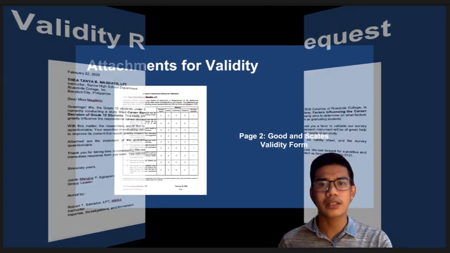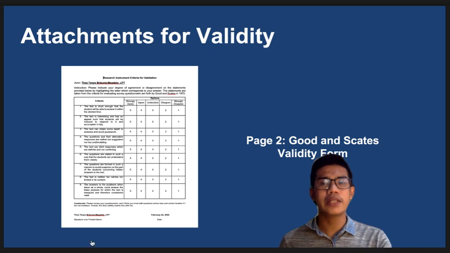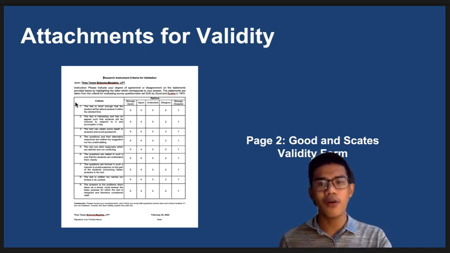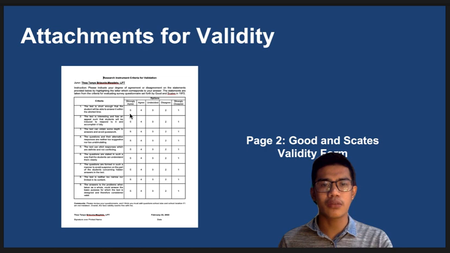All right, next. This is the second page for validity, the Good and Scates validity form. But sorry for some, this is also page 3 or page 2 of your validity request. But you have to proceed once I've said that you are to proceed with the validity process. This is page 2, the Good and Scates validity form containing the criteria on how to validate your research questionnaire.